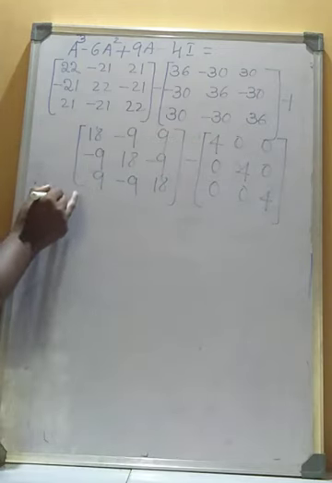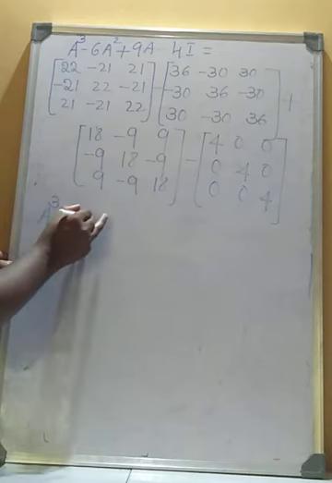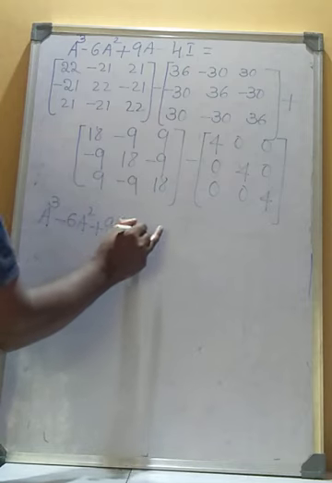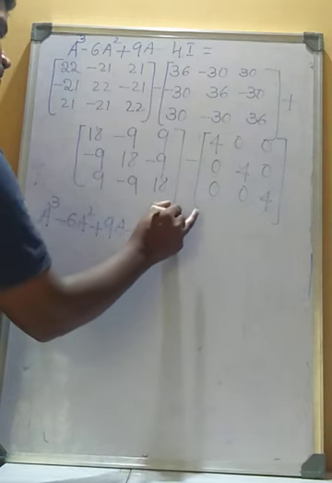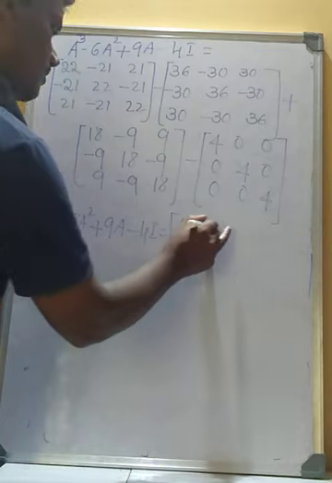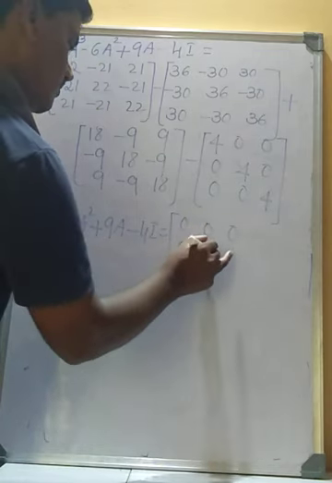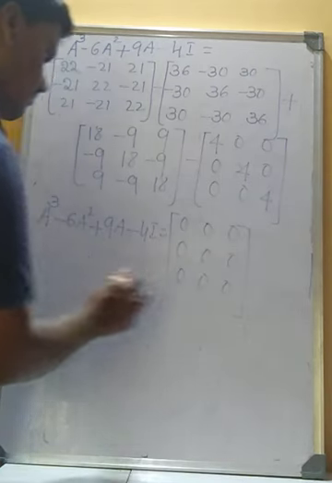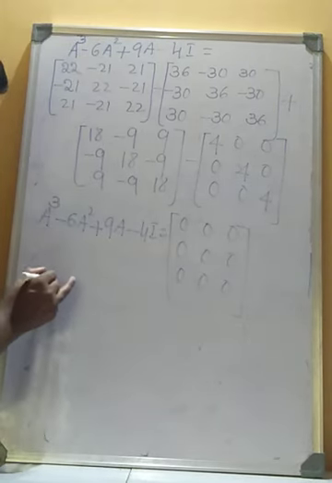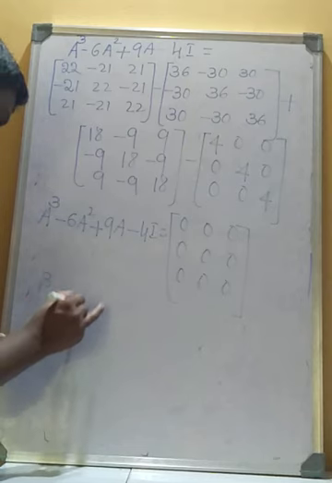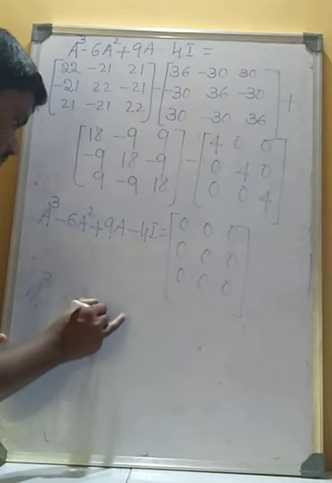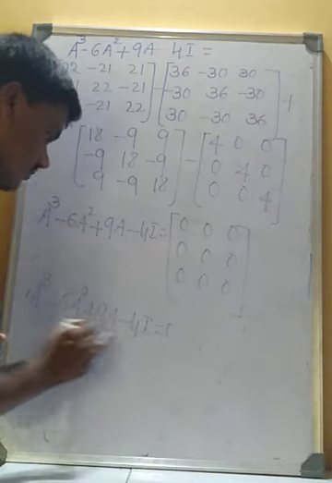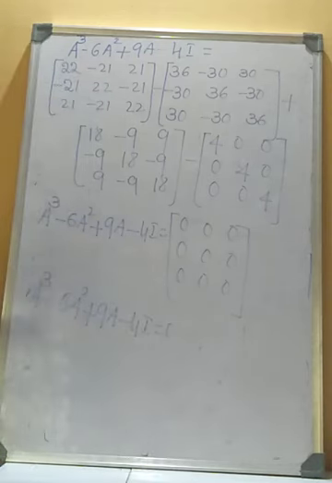So therefore A cube minus 6A square plus 9A minus 4I equals the zero matrix, all zeros.